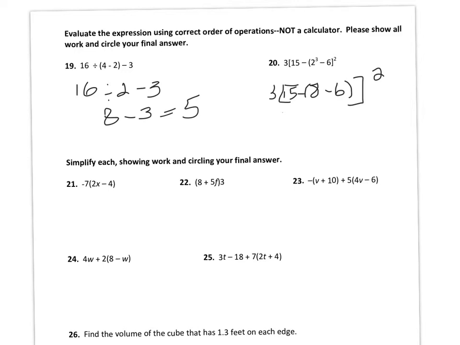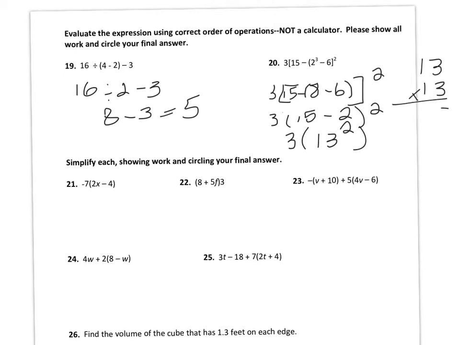That's going to give me 2. So I would have 15 minus 2 in parentheses squared times 3. 15 take away 2 is 13. So then I would have 13 squared. And then I would have to still remember that I have to times it by 3. 13 squared, which is 13 times 13.